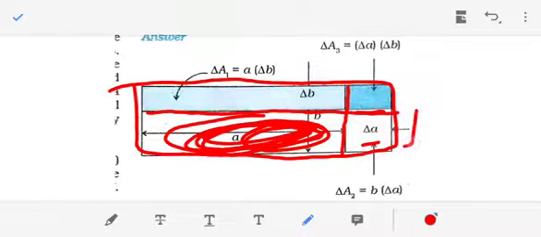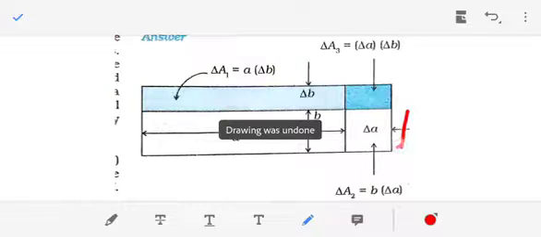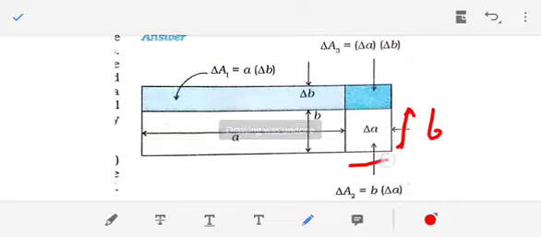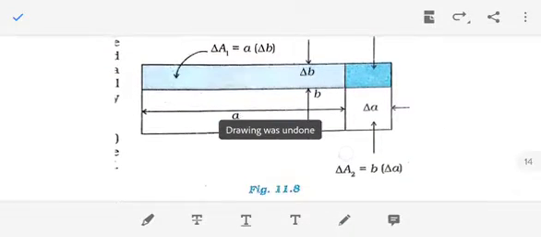This side is B and this side is delta A, so this area is delta A times B, and we have called it delta A2.